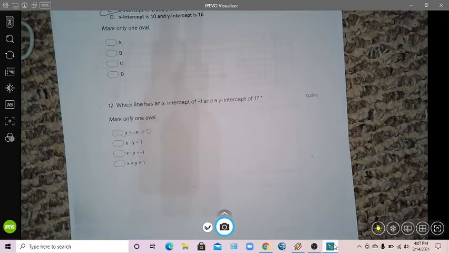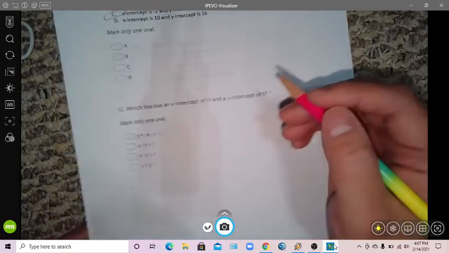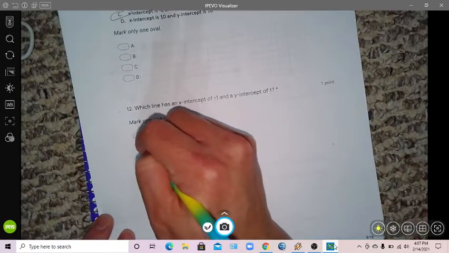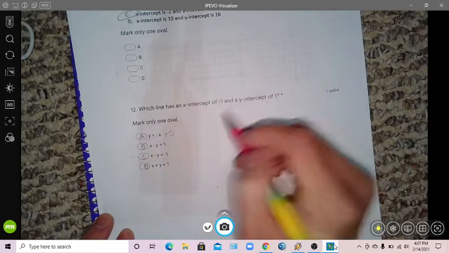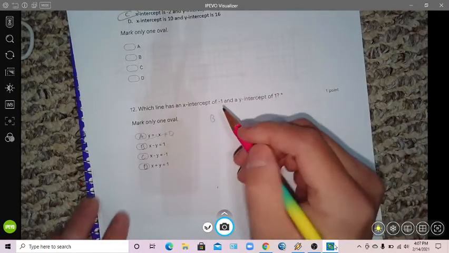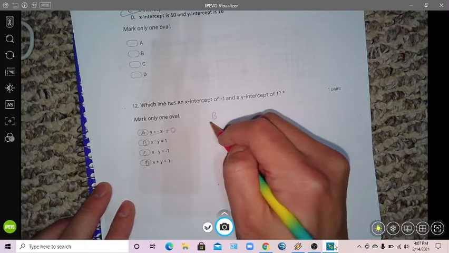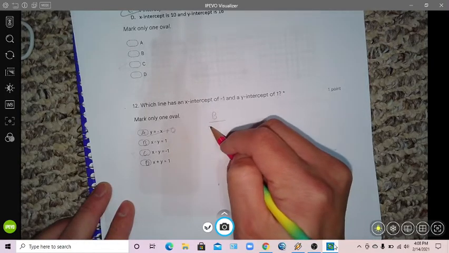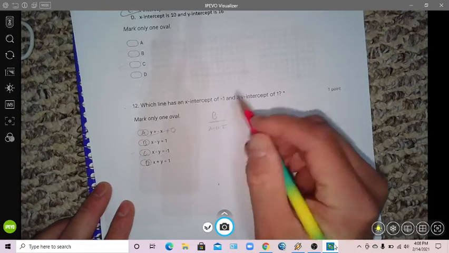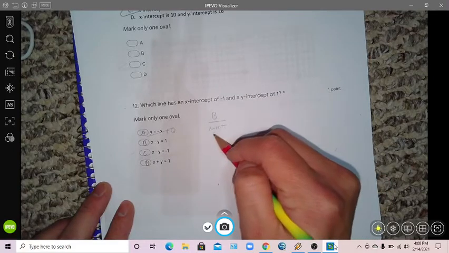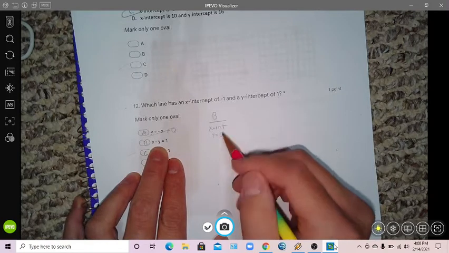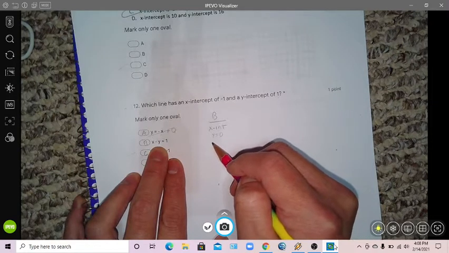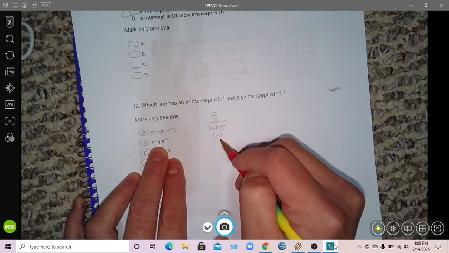Alright, so let's try option B then. We'll say this is A, this is B, this is C, and this is D. For option B, for the x-intercept, this is where y equals 0.